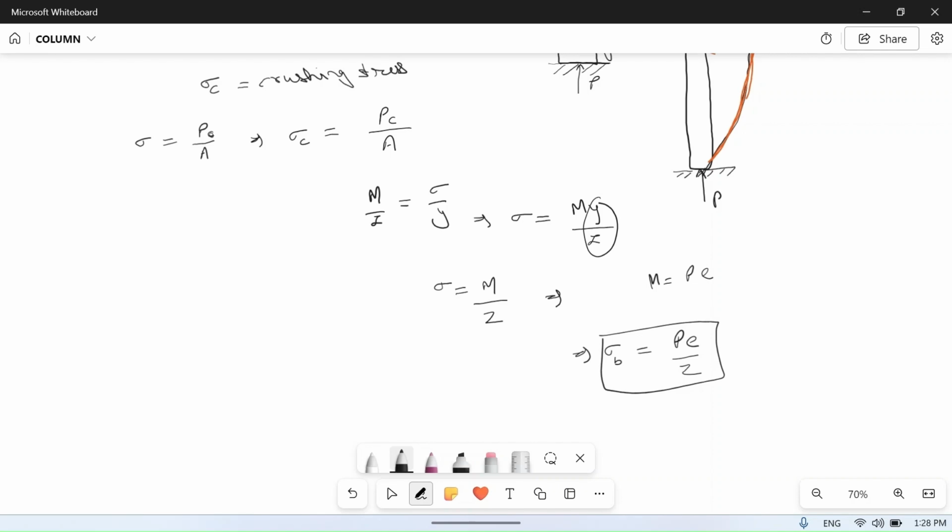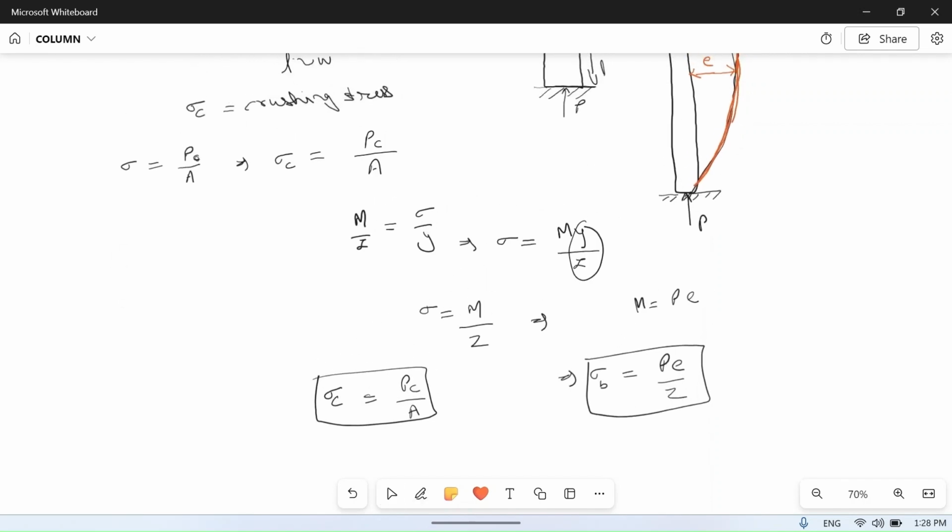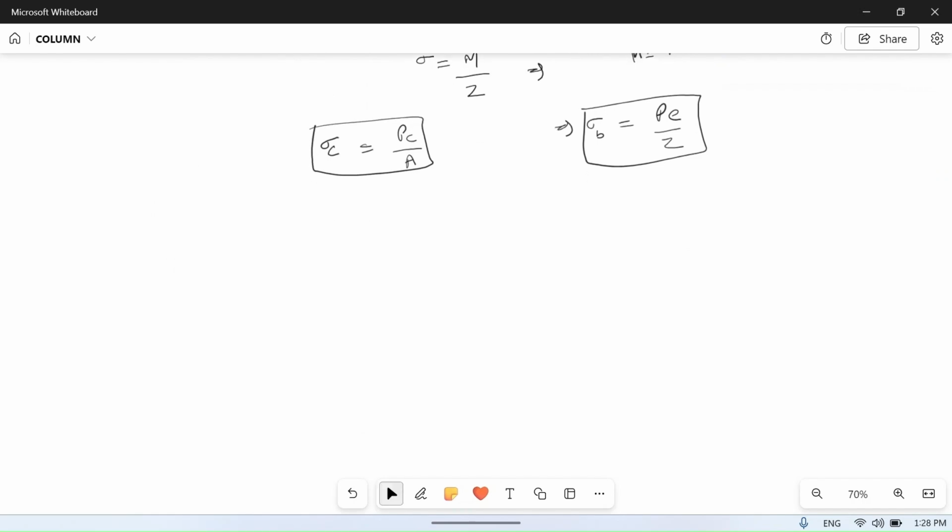So this is the stress due to buckling, and there was one more stress, the crushing stress. Sigma c was equal to P c upon A. So there are two stresses. If load is applied on the column, then these two stresses will act at the same time.